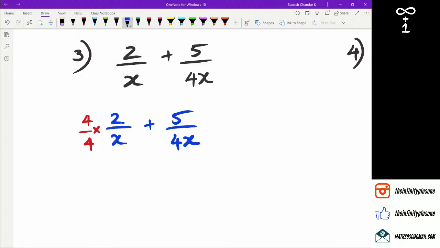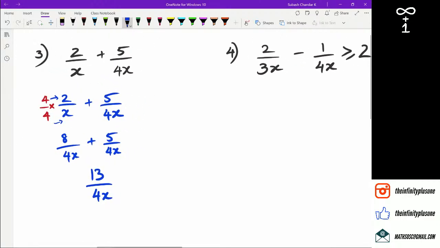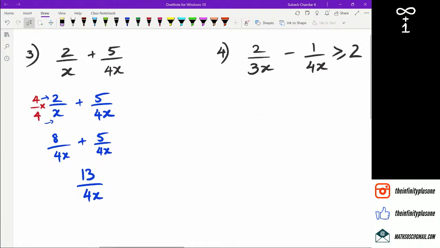Because if I do that, then I know the denominator is going to be 4x. So the numerator, I've got 4 times 2, which is 8, over 4x, plus 5 over 4x. And so now this is equal to 13 over 4x. So that's just a simplification of number 3.